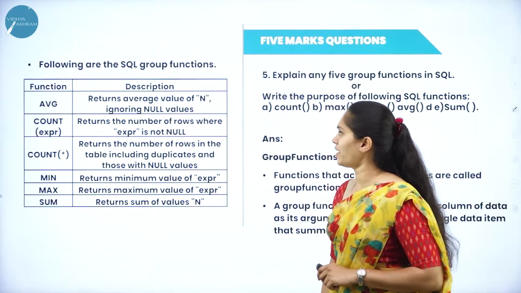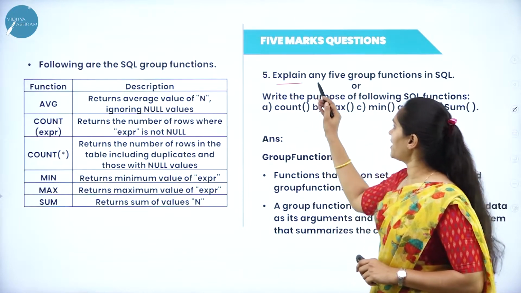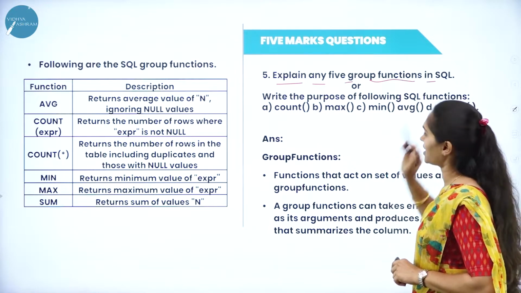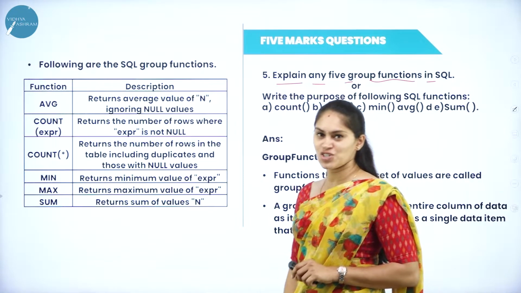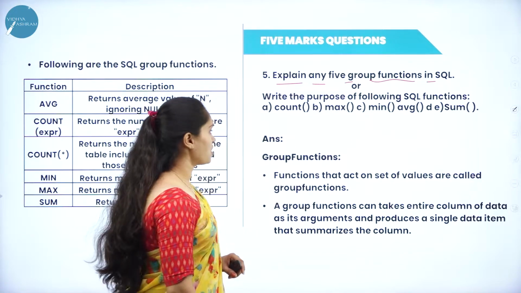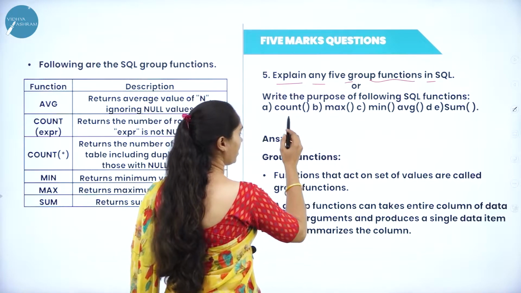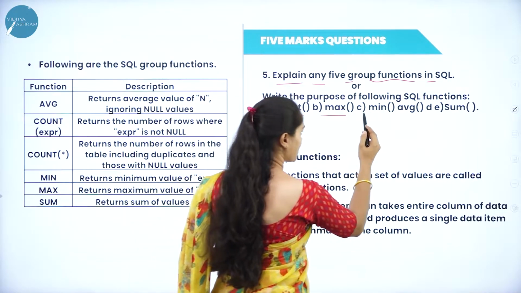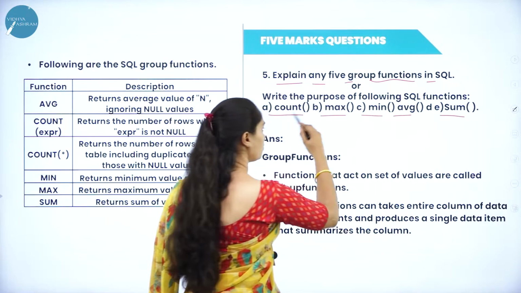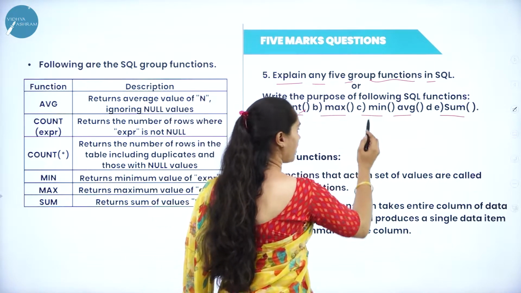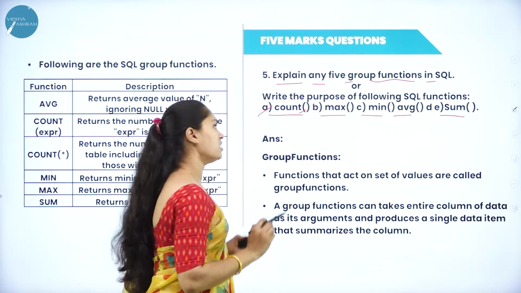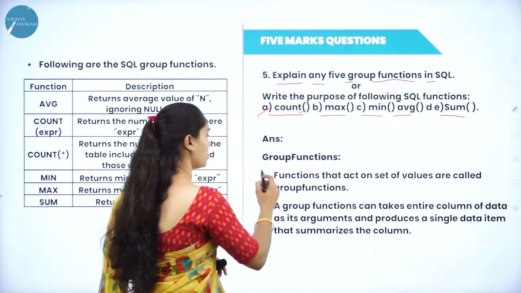We'll see the next question: explain any 5 group functions in SQL. Or there could be a question like: explain the functions of the following SQL functions: COUNT, MAX, MIN, AVG, SUM. These 5 come under group functions. First we'll see what a group function is.